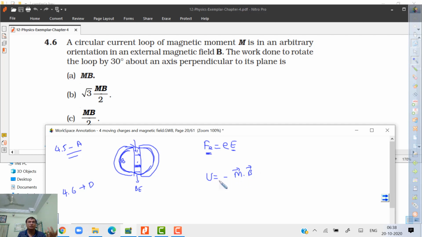So definitely whether you do the work or the work is done by the coil, it depends on how you rotate. But if theta doesn't change, theta remains the same, whatever the angle, no change. Understood? Theta does not change, so work will be 0.